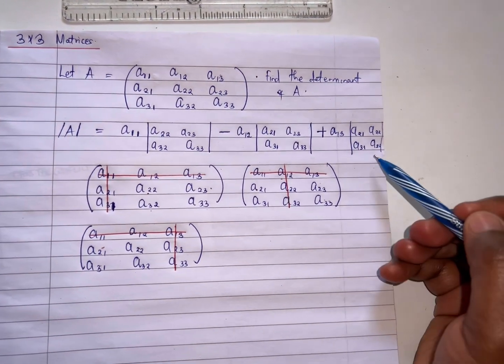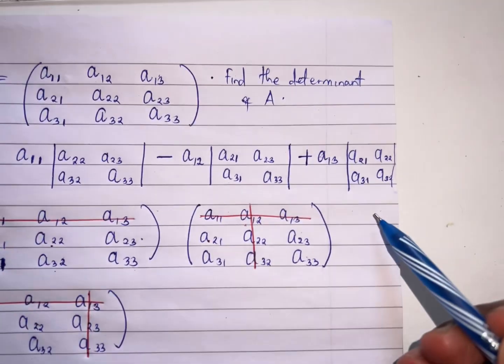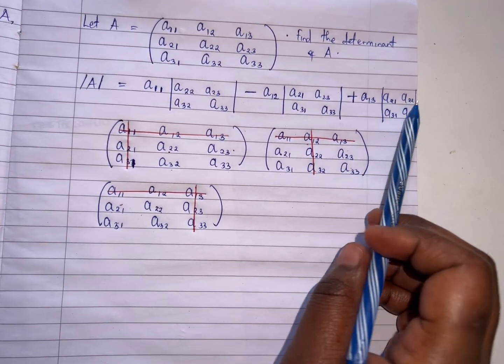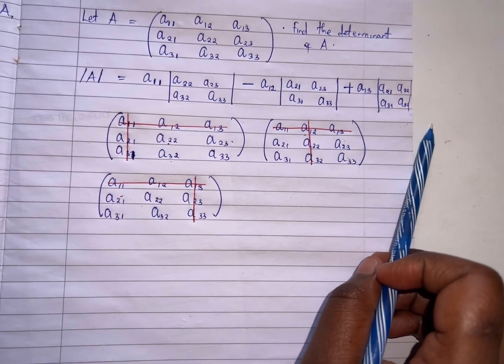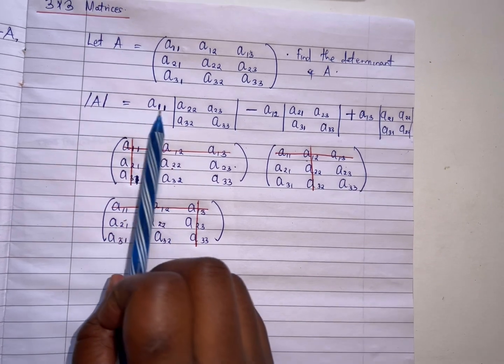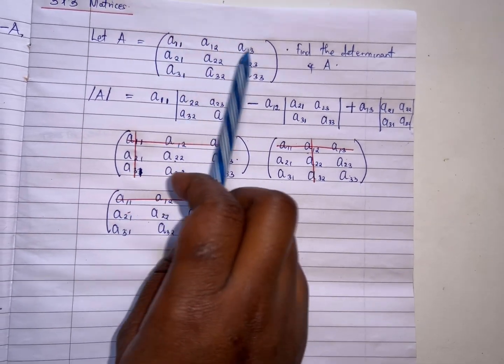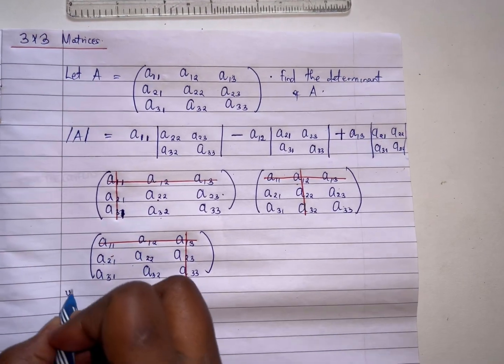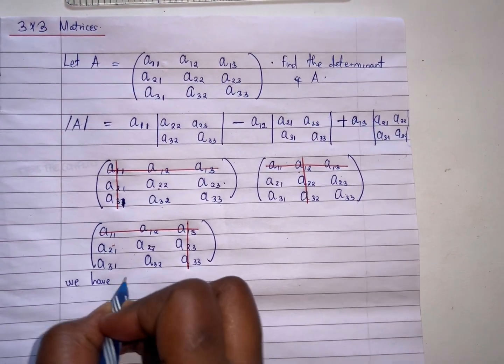So that is our formula, and that is how you're going to work out a 3 times 3 matrix in any question you're going to be given. I think that's understandable. We cancel the row and the column where each and every value that you're going to work out is.